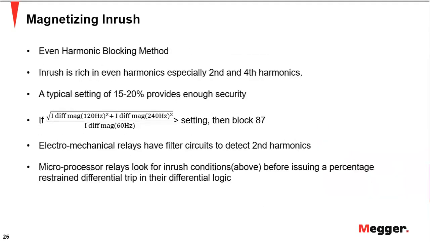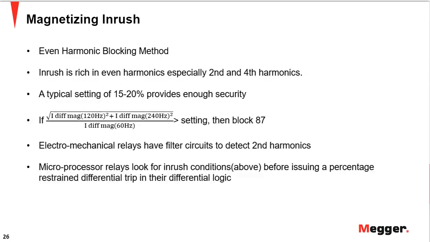There is the well-known even harmonic blocking method that is used. Researchers have done research and found that the inrush currents are rich in even harmonics, specifically the second and fourth harmonics. So the relay protection designers came up with this harmonic method to deal with this.